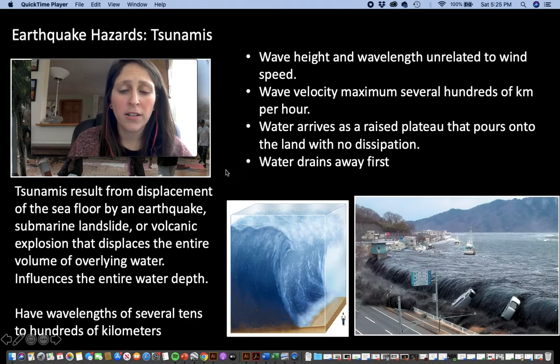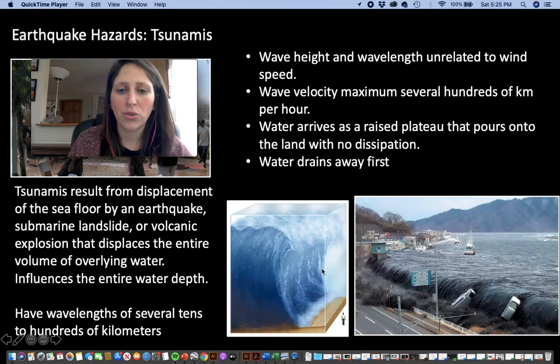But the most common way that we get tsunamis is through these earthquakes, and they're most common in subduction zone settings. I think I have a couple more slides on this. These waves are unrelated to wind. They can travel several hundreds of kilometers per hour, and they travel as a raised plateau that pours onto the land.